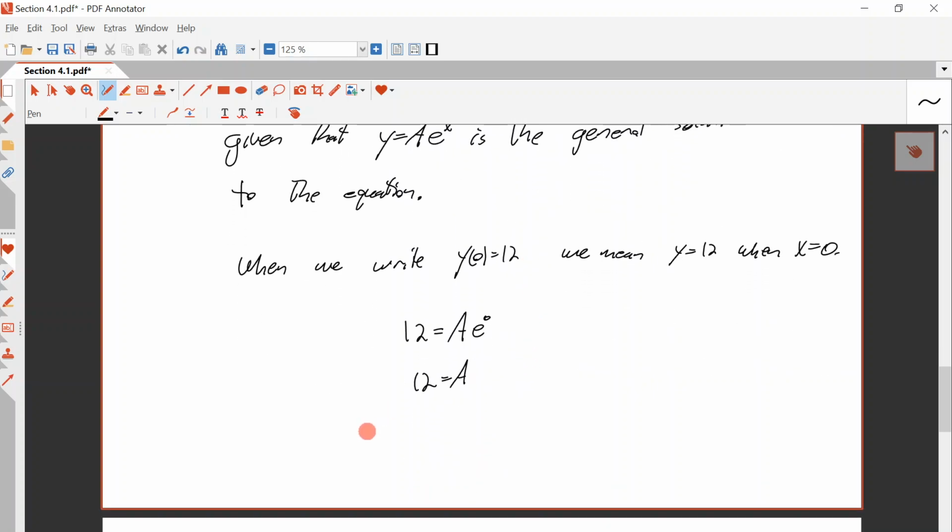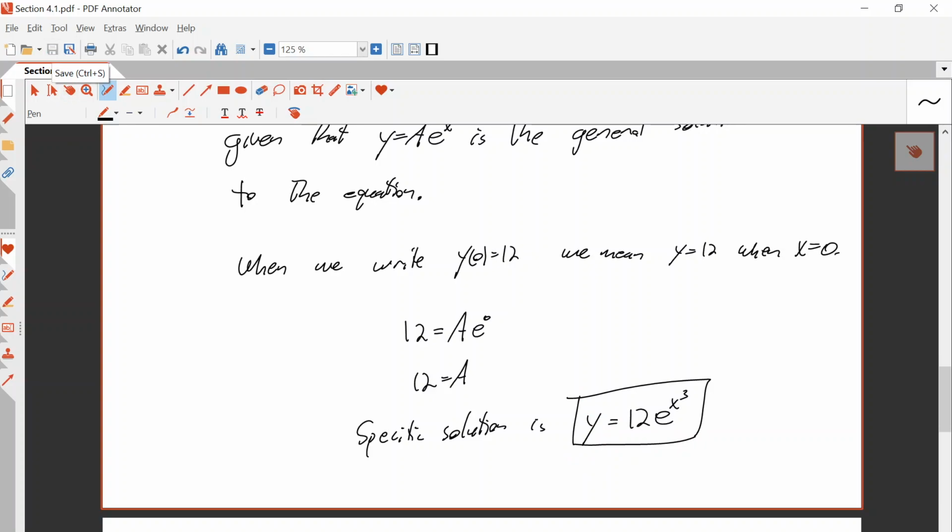So the specific solution is y equal to 12e to the x to the third. Given that general solution, the specific solution is figured out by just plugging in the conditions that the specific solution satisfies.